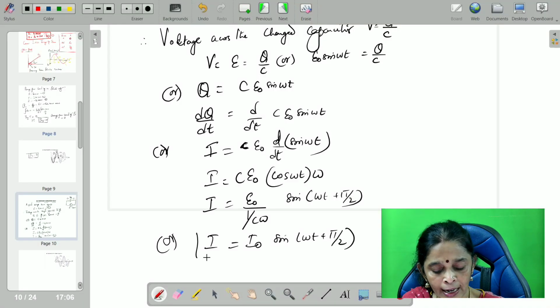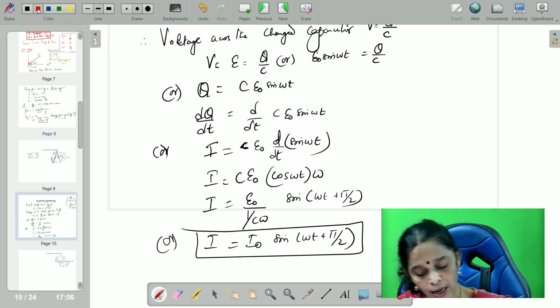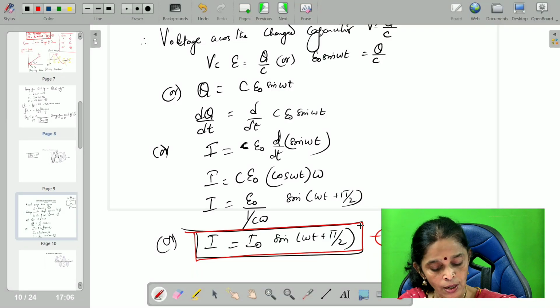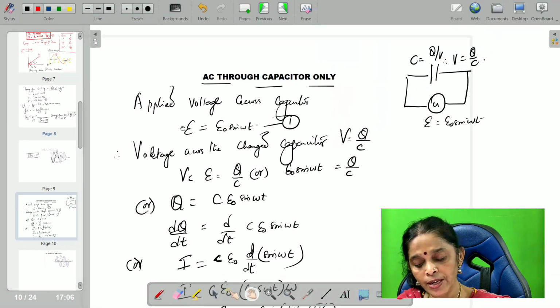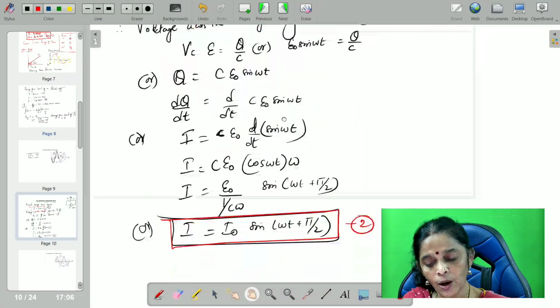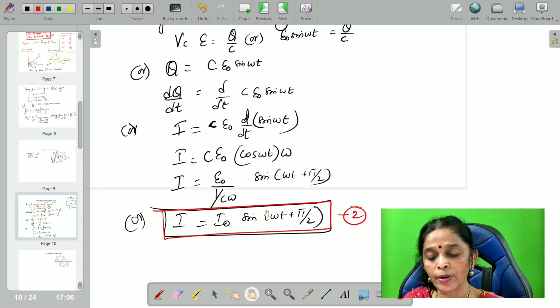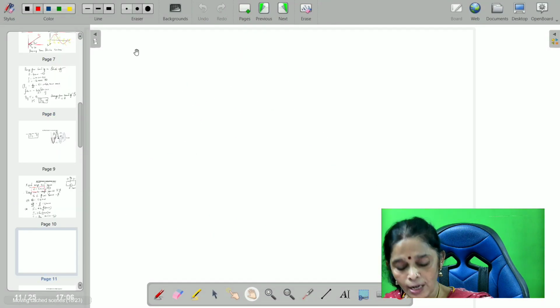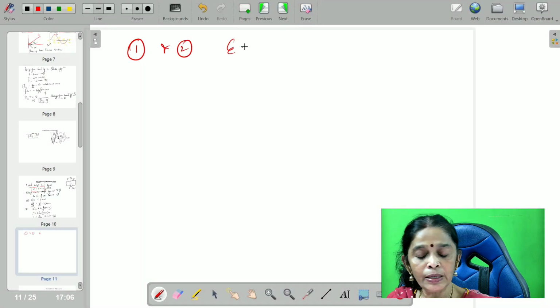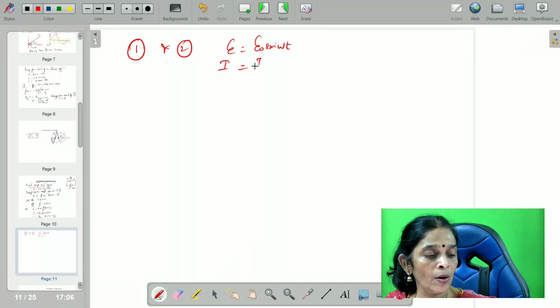So from 1 and 2, this is the first equation, E is equal to E naught sin omega t. What is the second equation we got? I is equal to I naught sin omega t plus pi by 2, children.